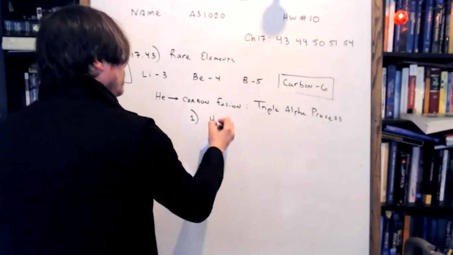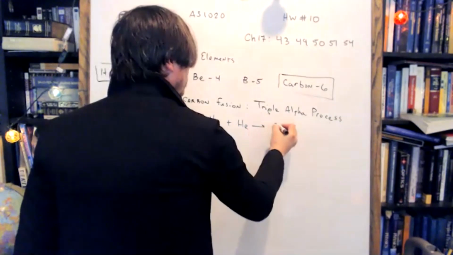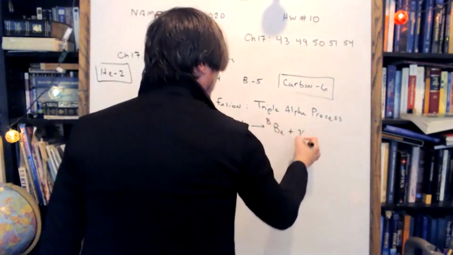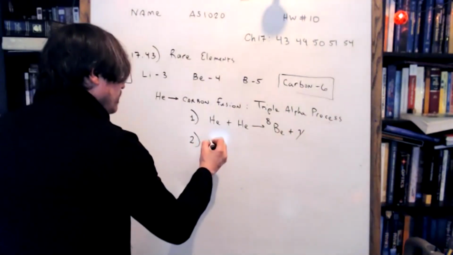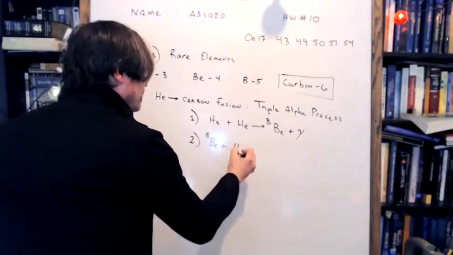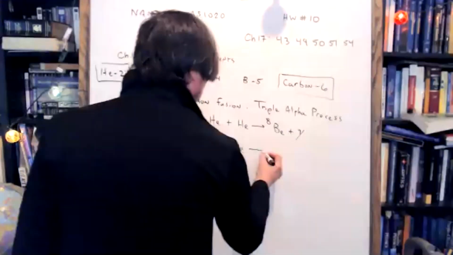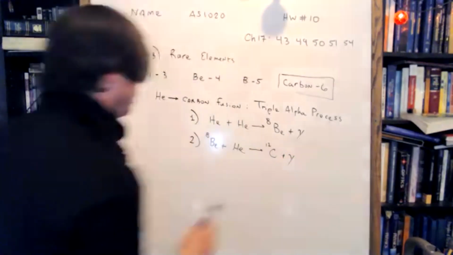In step 1, a helium nucleus collides with another helium nucleus. It creates beryllium-8 and a gamma ray. In step 2, our newly formed beryllium-8 gets smashed by another helium nucleus, and it forms carbon-12 plus a gamma ray.